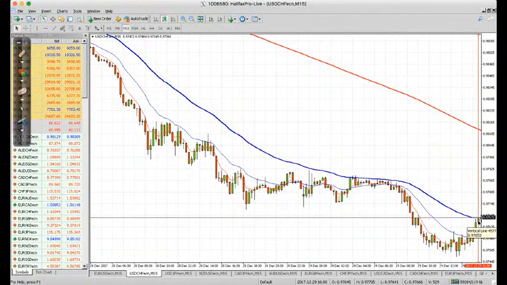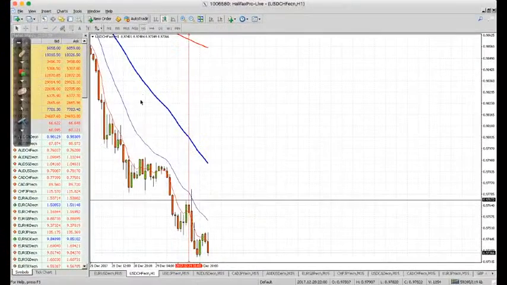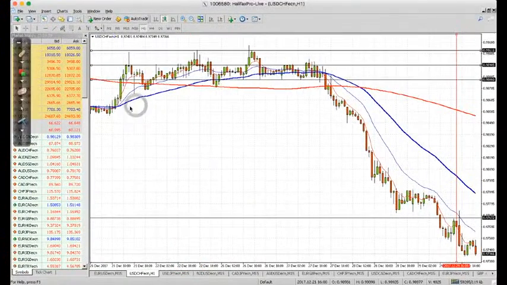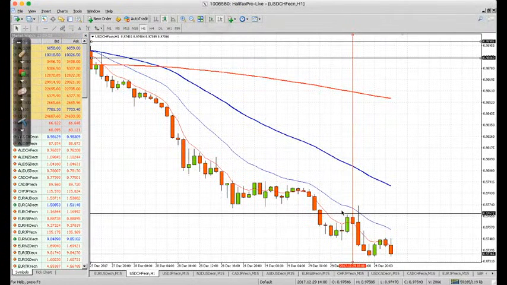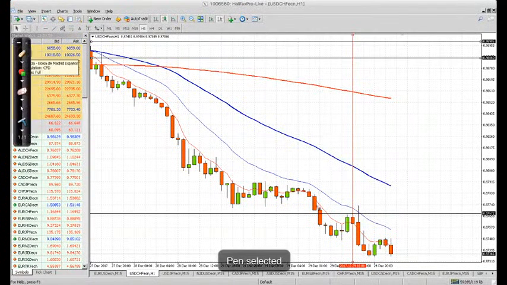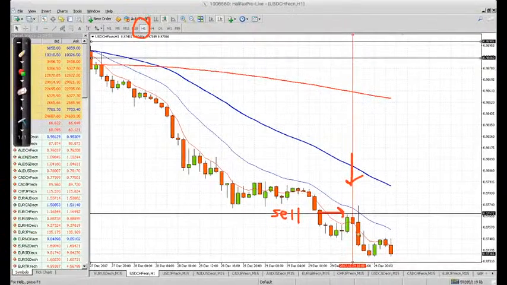So what I do is I will then click on my hourly candle and ensure that on the hourly candles, it is also on a downtrend. All right? So you can see that over here, where I intend to sell at this point in time, on the hourly time frame, it is also on a downtrend.